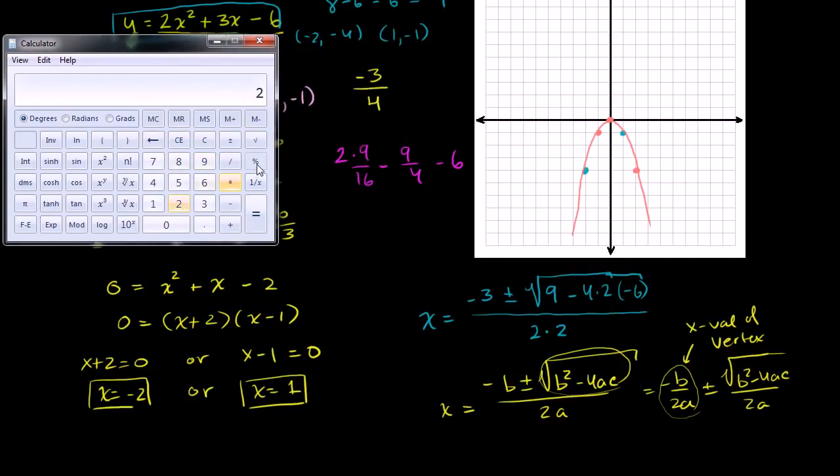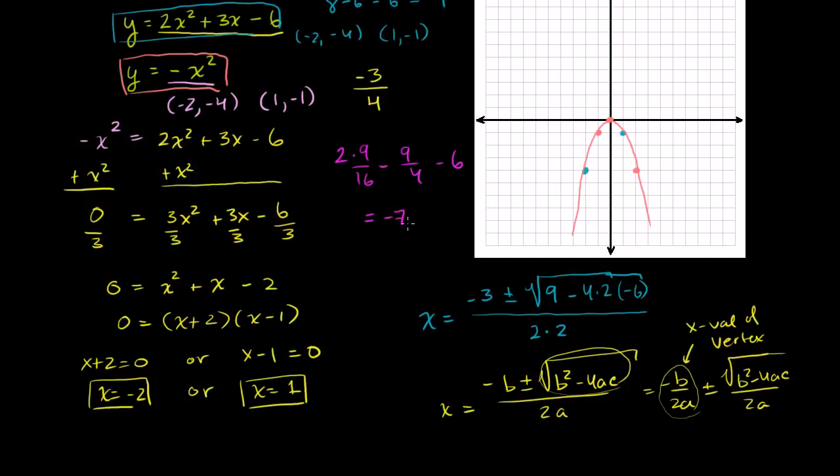So it's going to be 18 divided by 16 minus 9 divided by 4 minus 6, which is equal to negative 7.125.